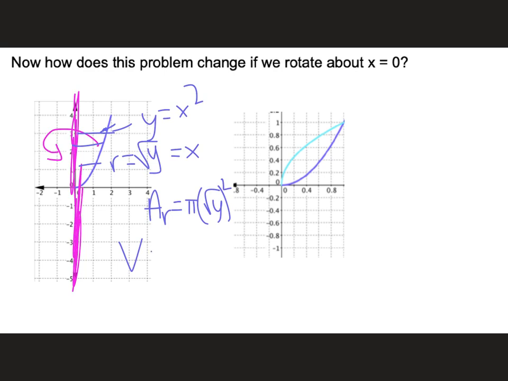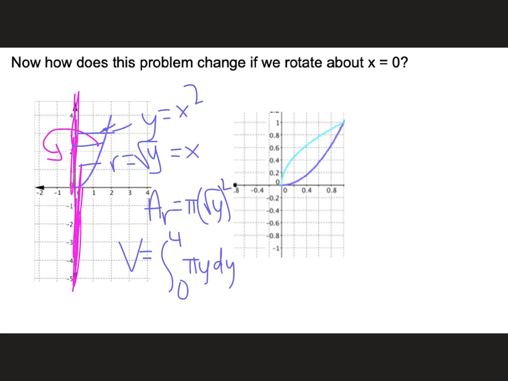The volume is going to be the integral from 0 to, let's see, think you can predict what it is? 0 to 4 of pi y dy. And I'm going to believe you can do that. Also, I'll give you the answer at the end there. This one's going to be the same idea.